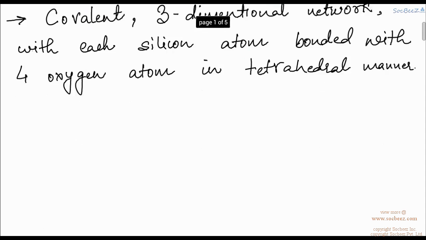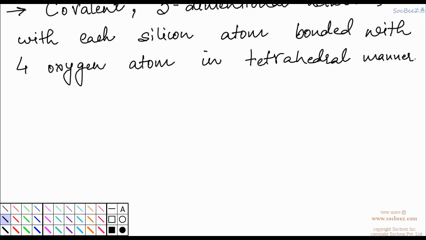So each silicon atom is bonded with 4 oxygen atoms in tetrahedral manner.